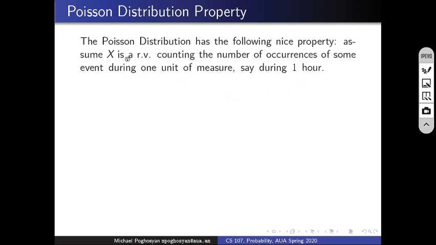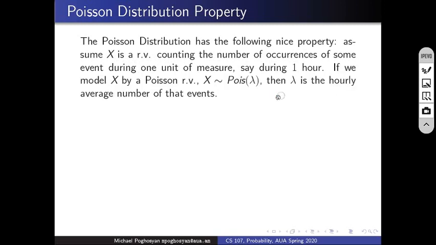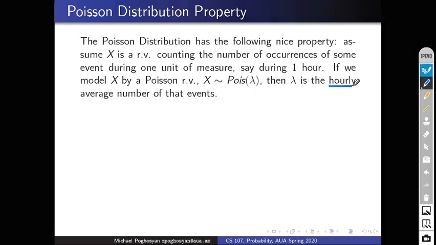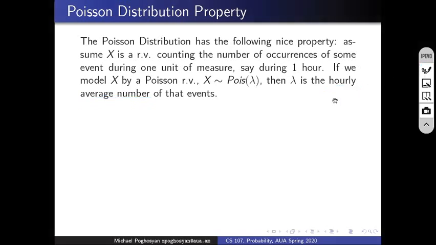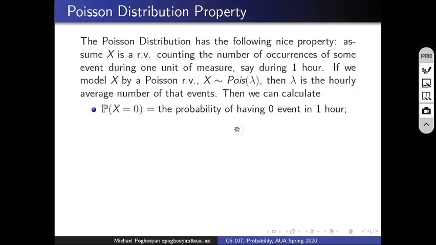If we model it using the Poisson distribution, say X is a Poisson random variable with parameter lambda, then lambda is the hourly average number of events.